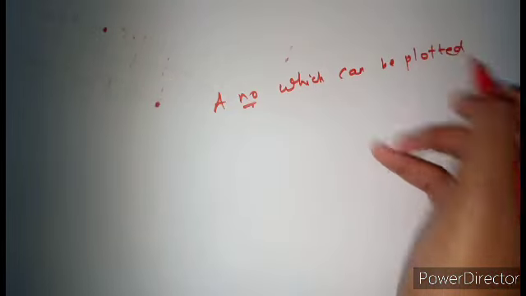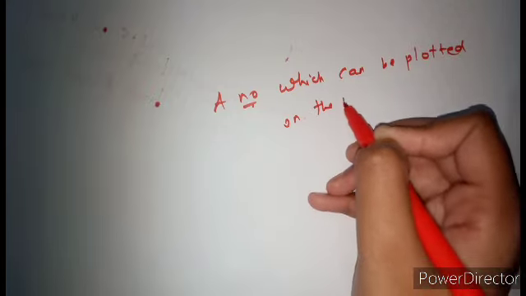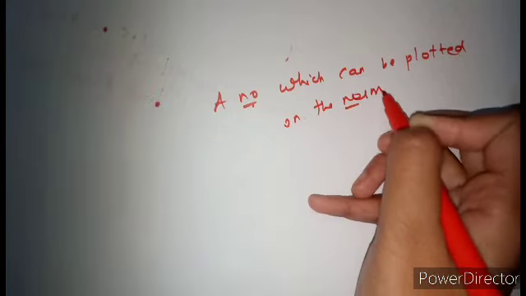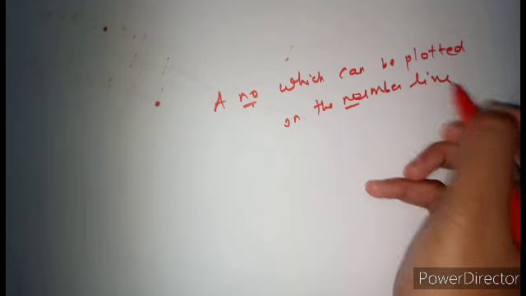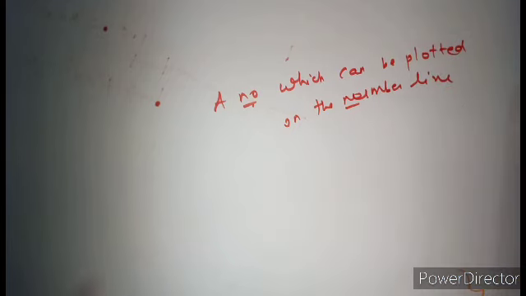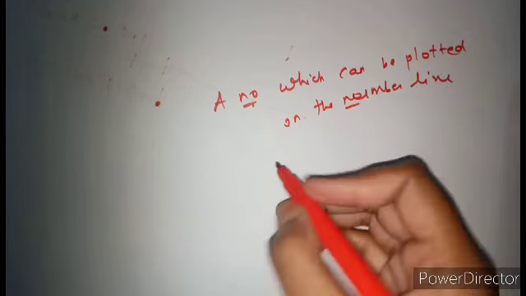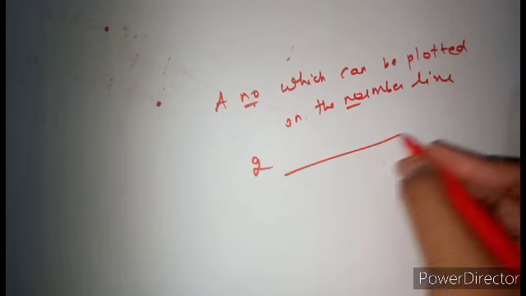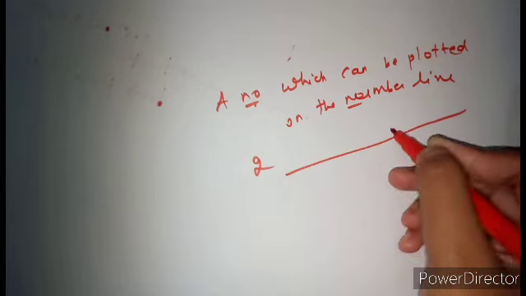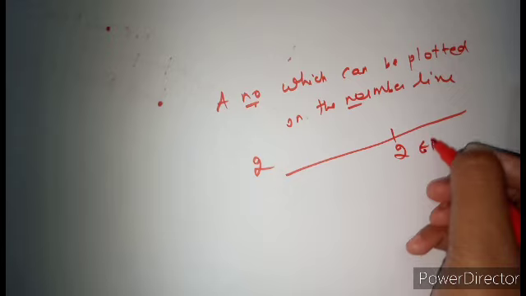We should indicate that point on the number line. For example, 2. We can plot 2 on the number line, so this is a real number.